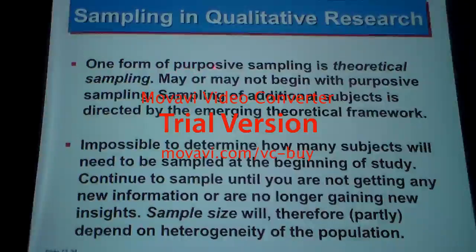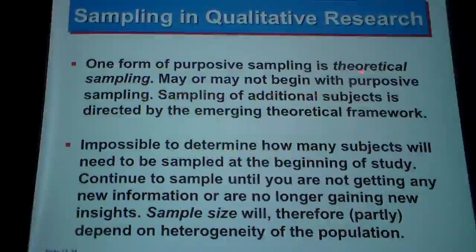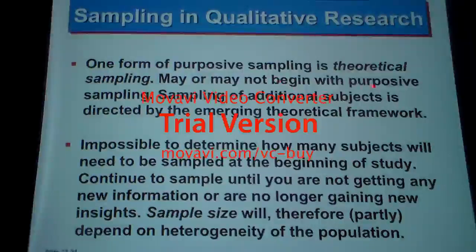One form of purposive sampling is theoretical sampling. It is one kind of purposive sampling. It may or may not begin with purposive sampling. Sampling of additional subjects is directed by the emerging theoretical framework.